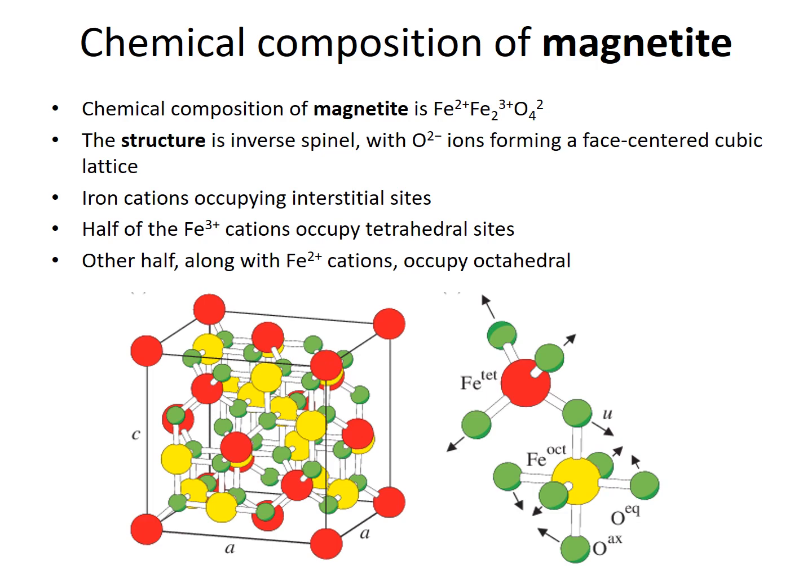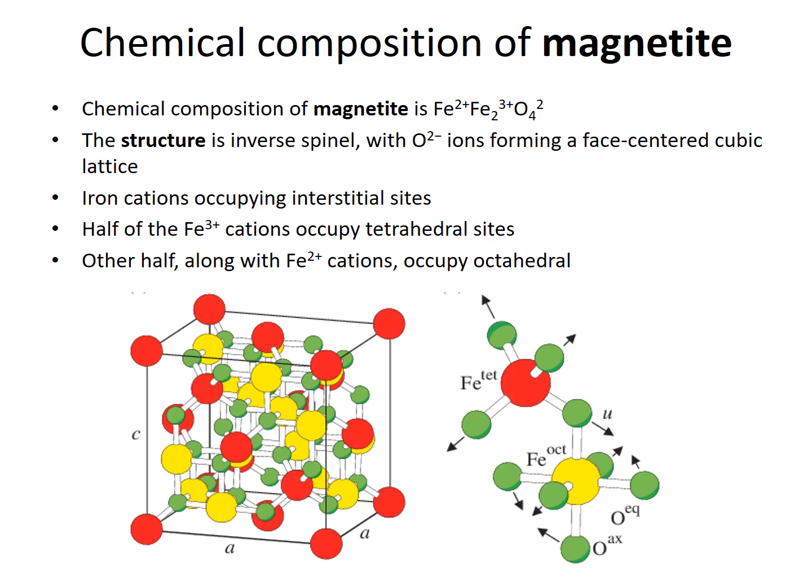So we can see that the chemical composition of magnetite is ferrous, ferric, and 4 oxygen atoms. In short, we can say the chemical composition of magnetite is Fe2+, Fe2 3+, and O4.